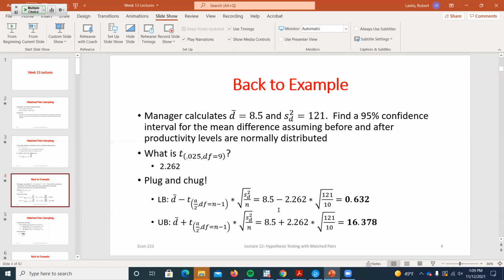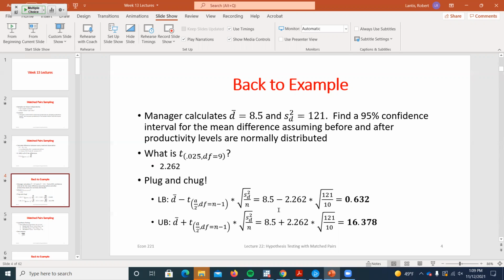And the reason why this is a little bit more valuable than what we were doing before: let's say I use two different companies. I'd be comparing the average across one set of workers to the average across another set. Here, what I'm saying is the average change per worker, right? I've controlled for a lot because I'm measuring the productivity of the same person before and after.